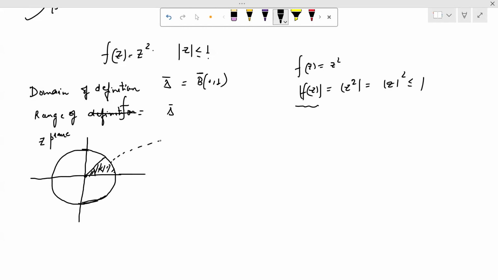They're going to get mapped to another plane, which is the W plane.